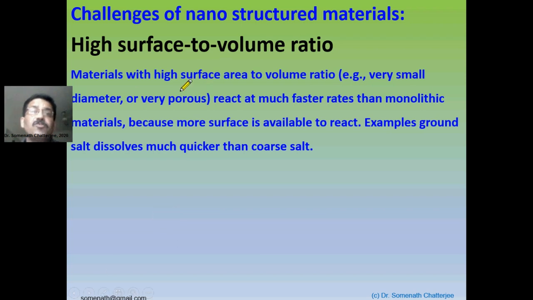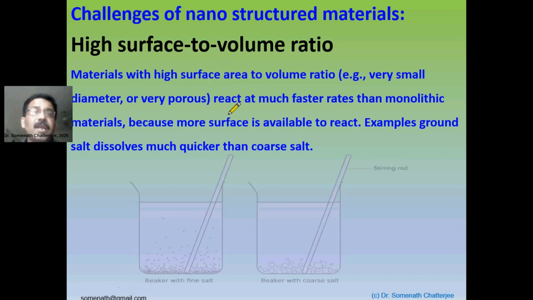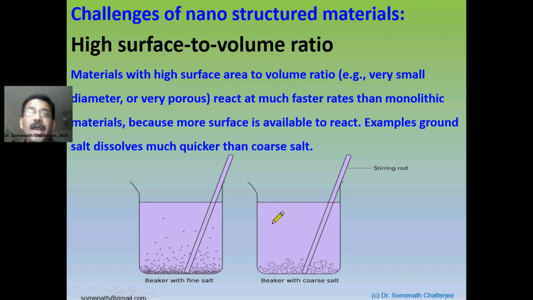So here we are also showing this high surface to volume ratio with a very small experiment that you can also do at home, and you can easily realize what I wanted to say. If you put fine salt in an aqueous solution, and aqueous means water, and another is coarse salt, meaning a lump, then the lump will take more time because its surface area to volume ratio is very low compared to the granules, the fine salt.